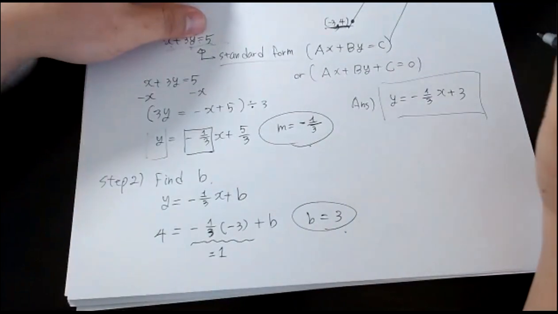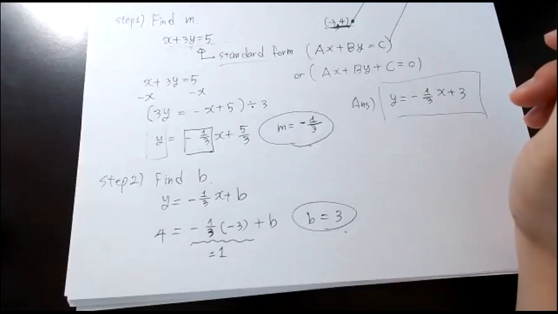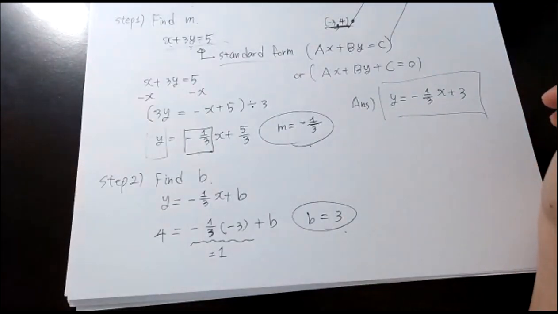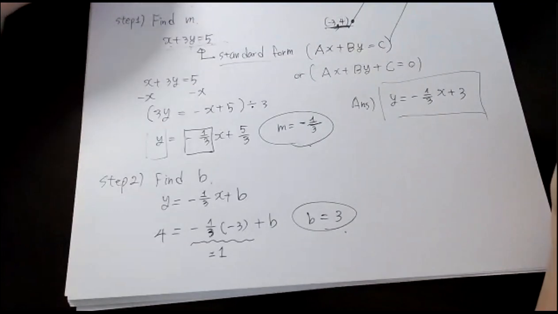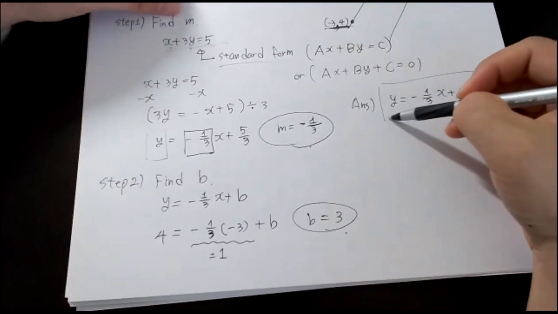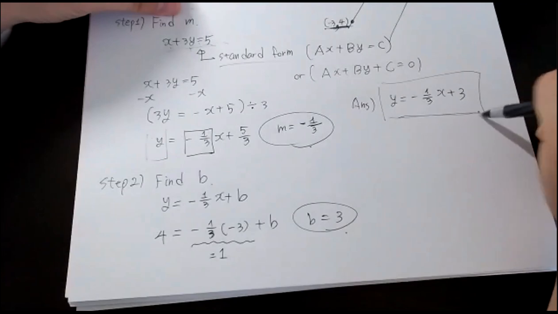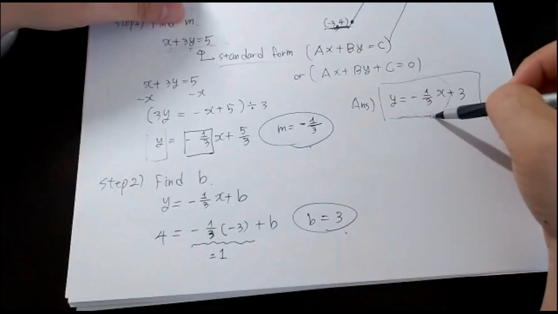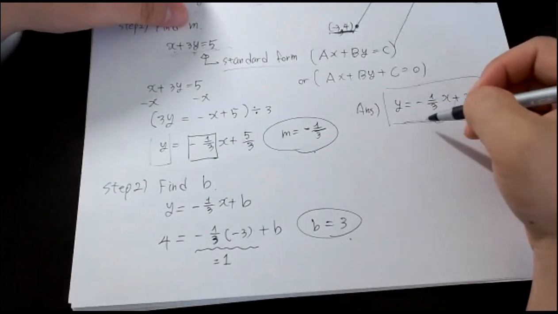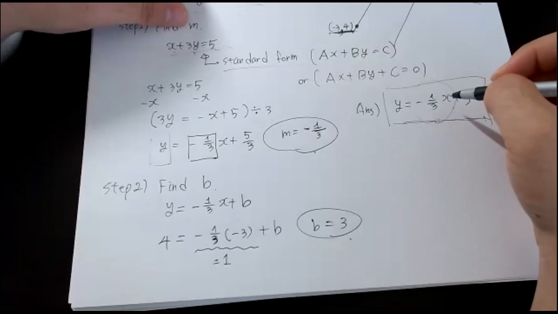But sometimes a problem asks you to write your answer in standard form. So let me rewrite that answer in standard form. I have to move the x term to the left hand side, which means we add 1/3 x on both sides.